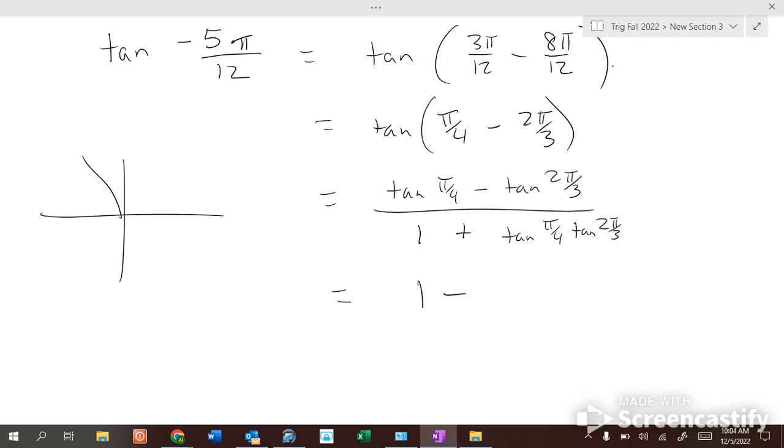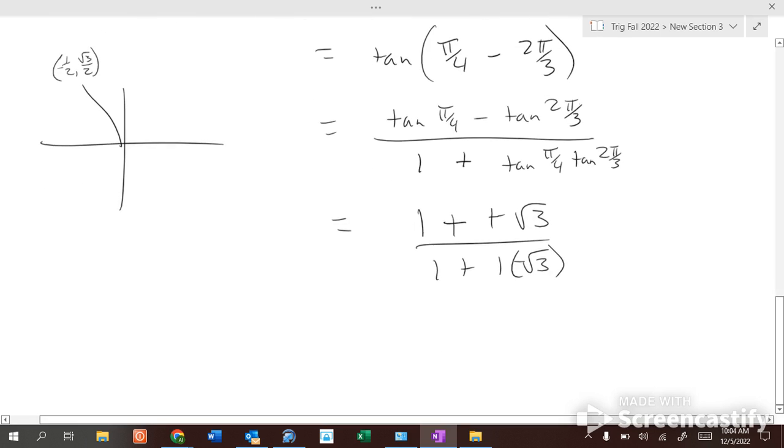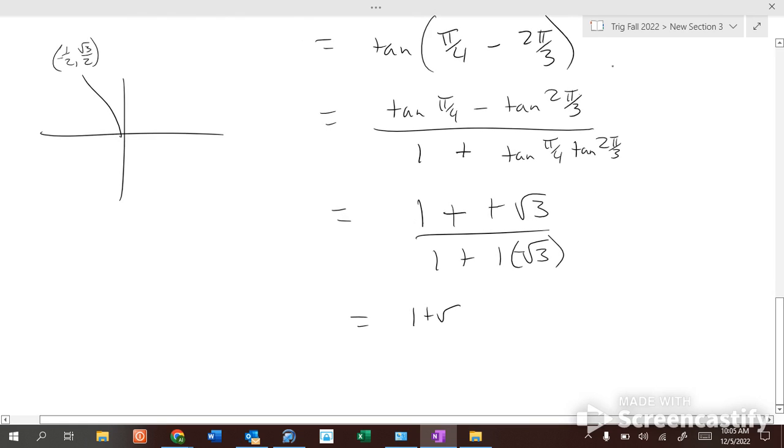Up there we have negative 1 half and square root of 3 over 2. So it's square root of 3 over 2 over negative 1 half, which is just negative square root of 3, correct? Over 1 plus 1 times negative square root of 3. Minus a negative in my numerator is plus a positive. So I really have 1 plus the square root of 3 over 1 minus the square root of 3.